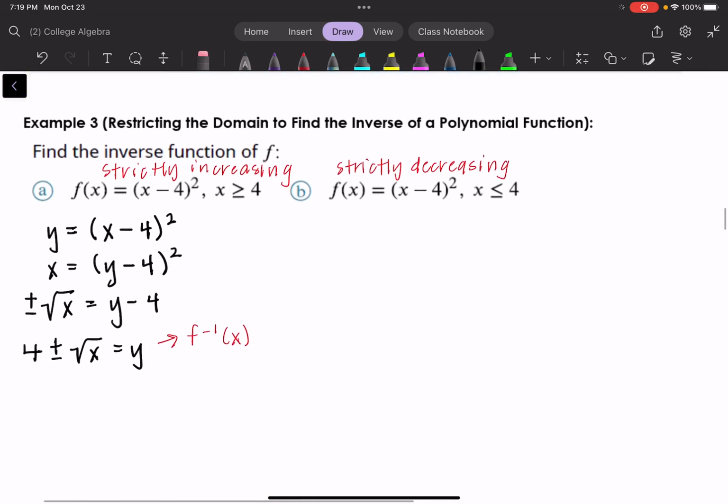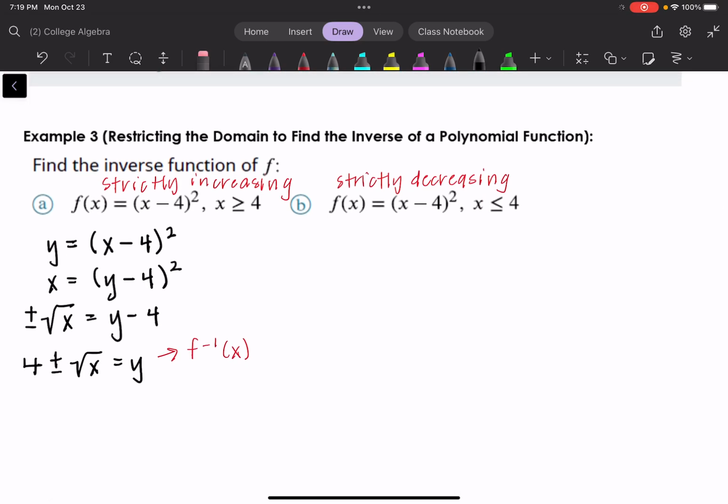And so what we have to consider is basically this: f of x's domain must match the inverse's range.